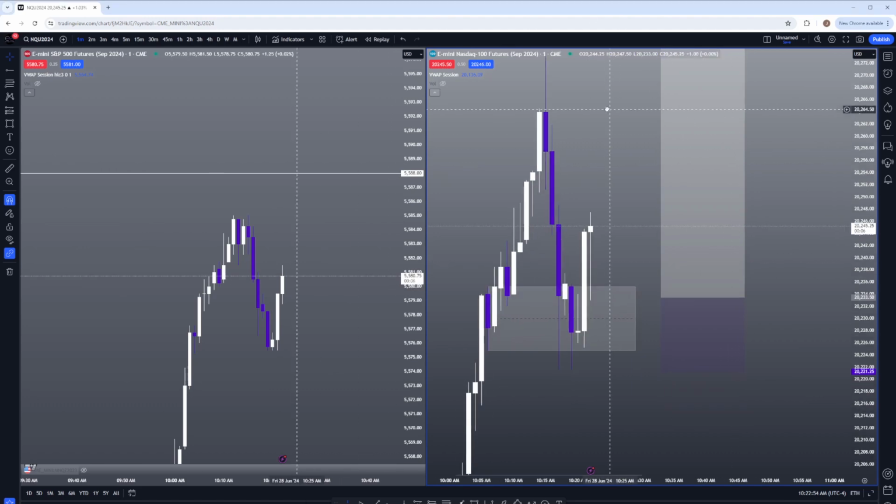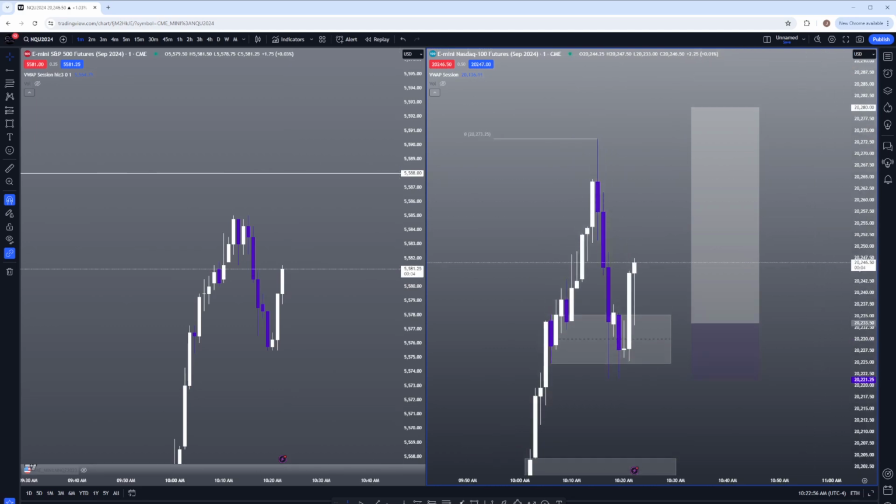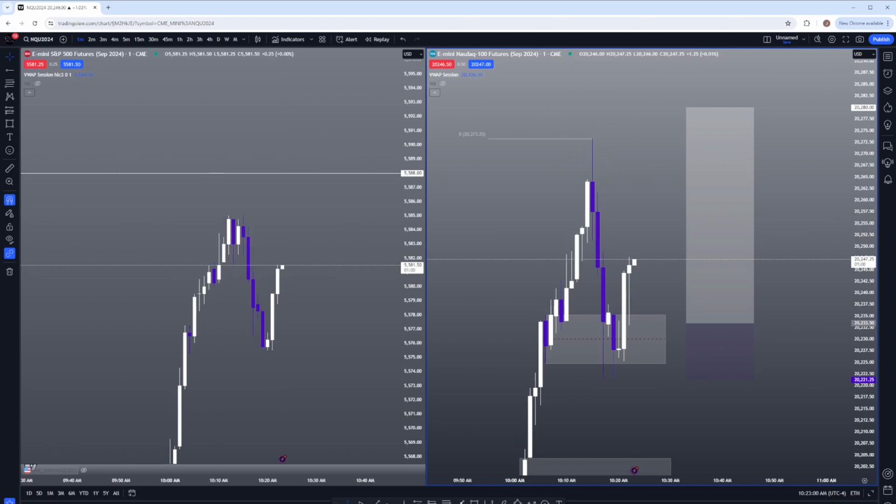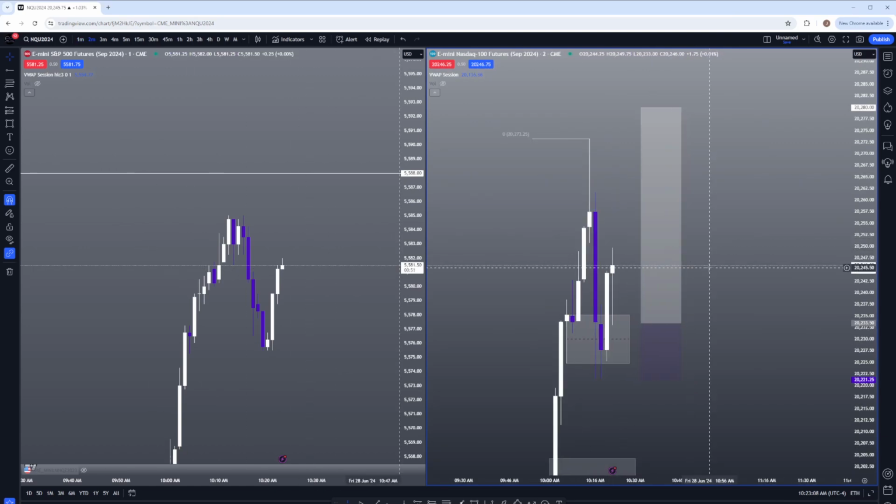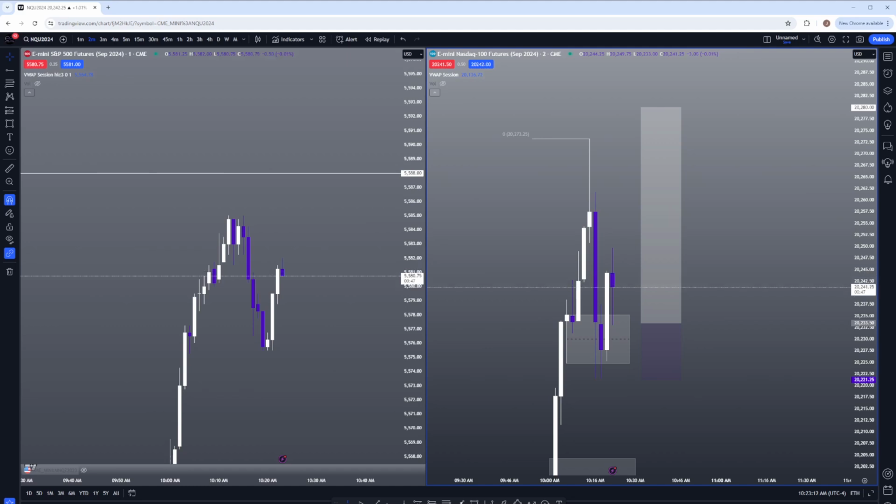A lot of support down here. But I do just want to start seeing these bearish imbalances up top start getting displaced.